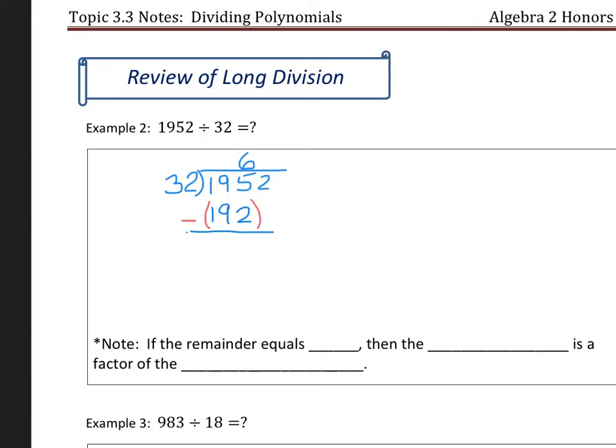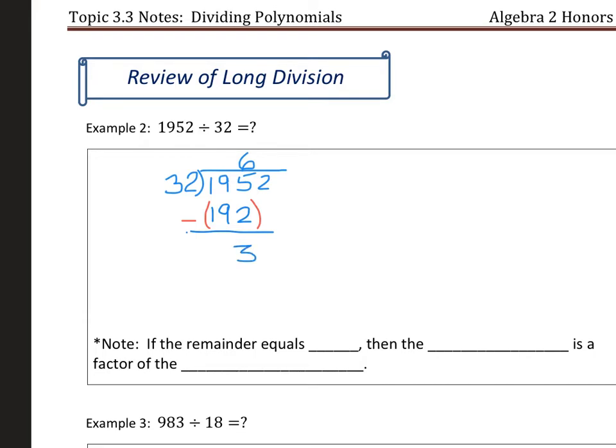So now the main thing here is I'm going to be subtracting this number. I'm going to put it in parentheses here because we're going to be shortly doing this with polynomials, so it's important that we put the subtraction of the entire polynomial. If we look at the difference here, 195 minus 192, we get 3.